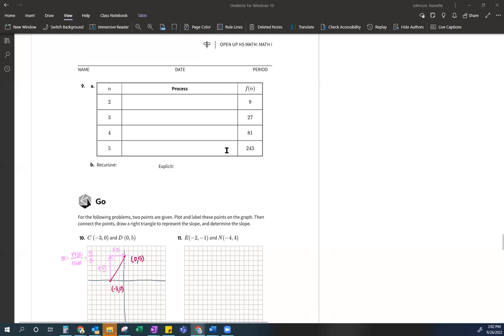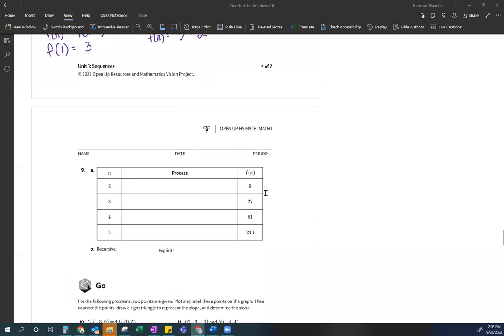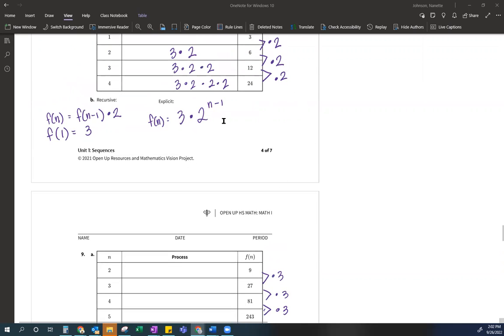Last but not least, problem number 9, very similar to the previous problem. I'm going to figure out my multiplier here, which some of you already know. It's times by 3. Okay, and now you can kind of see where does that 3 show up in my recursive? Where does it show up in my table, right?